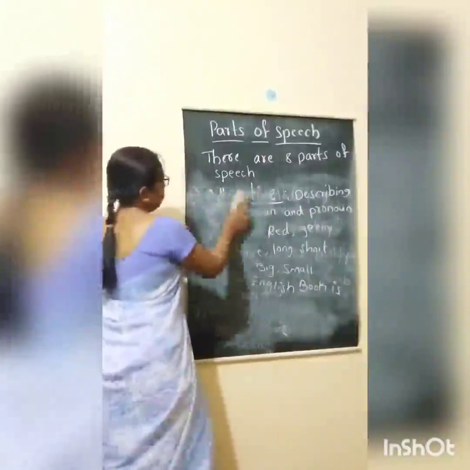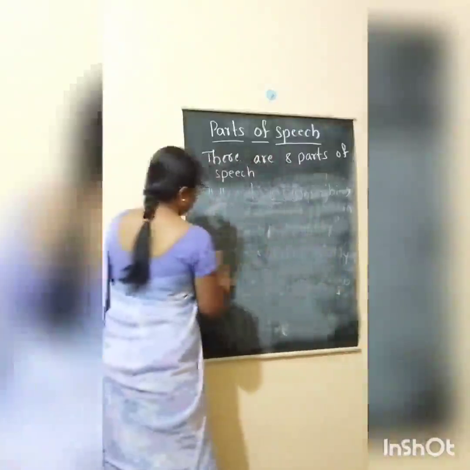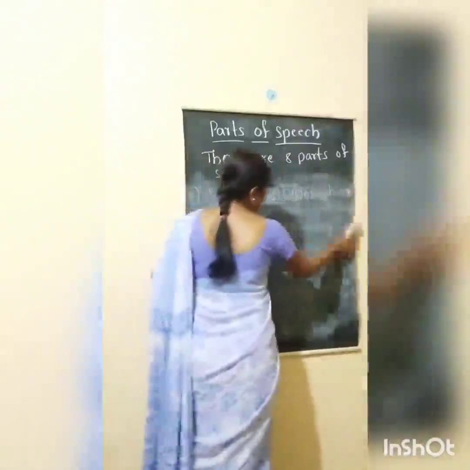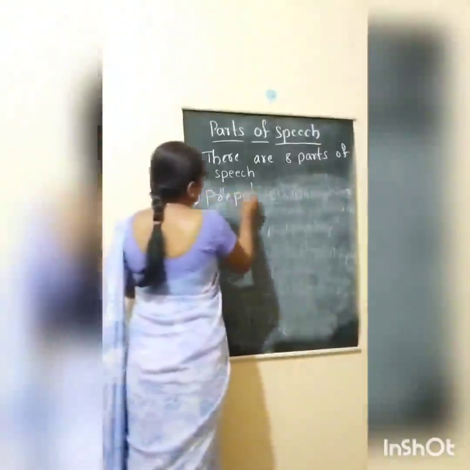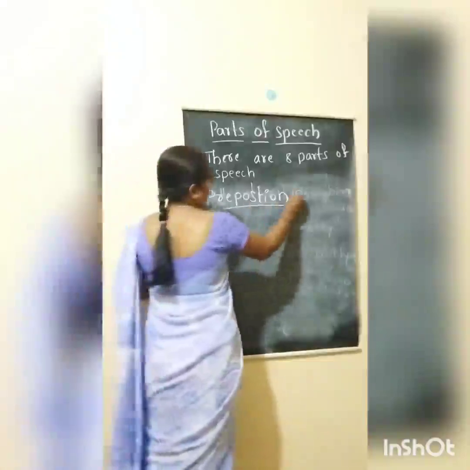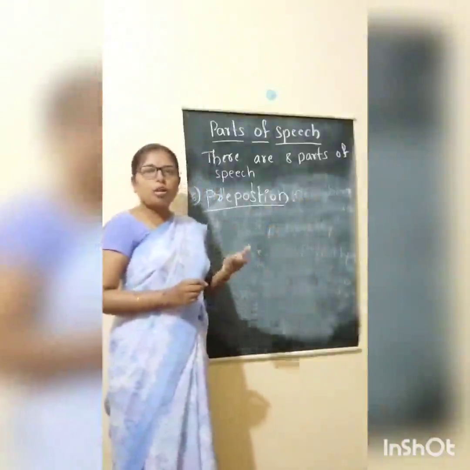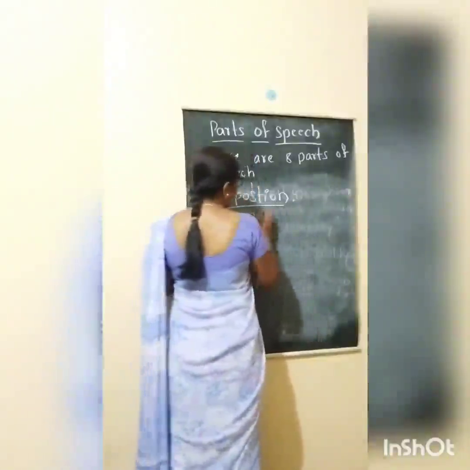Next one, next part of speech. Sixth one is preposition. Preposition is a word which is used before a noun or a pronoun.